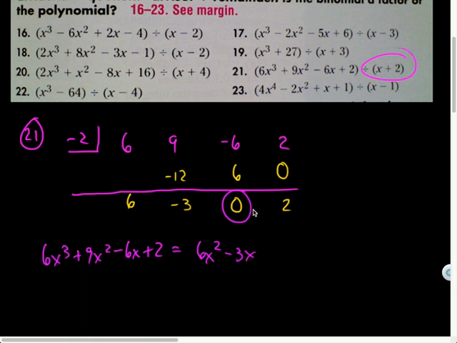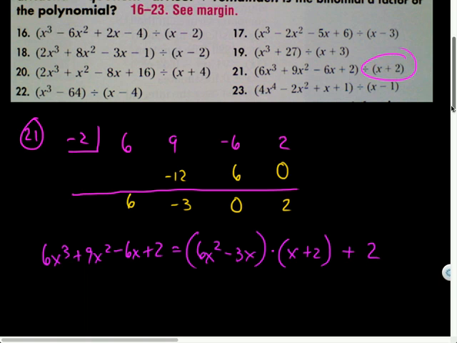And there's no constant term, so that's kind of like a plus 0. Quotient times divisor. My divisor was the x plus 2. And then I will add on the remainder, r, so 2. So this would be our answer. And let's see, verifying, cha-ching.